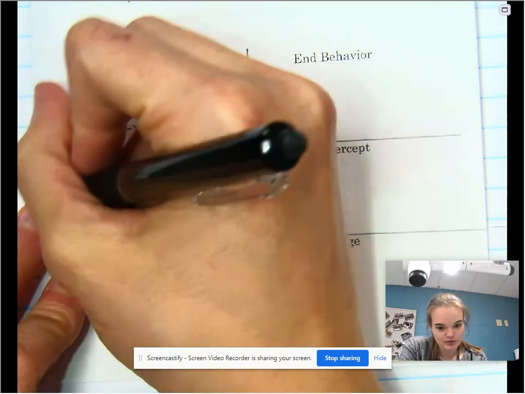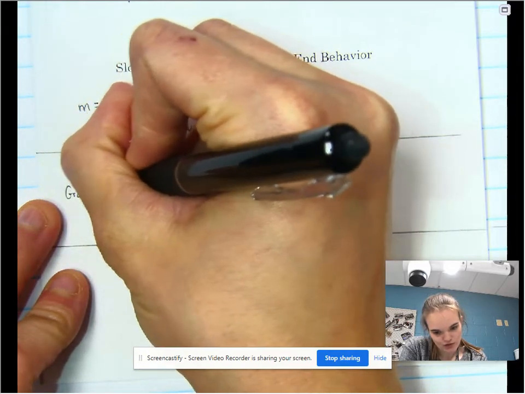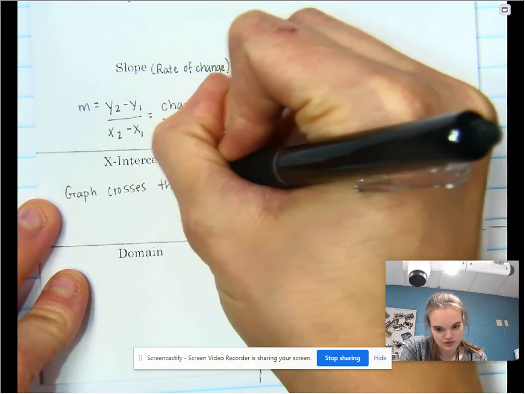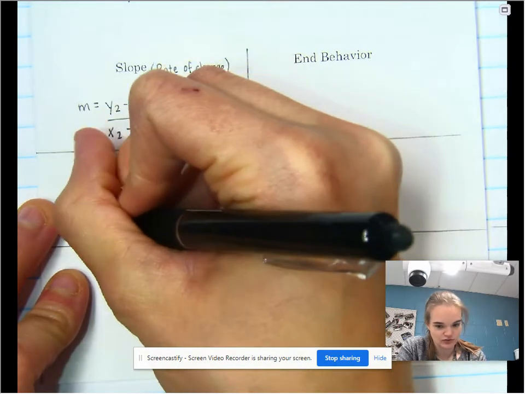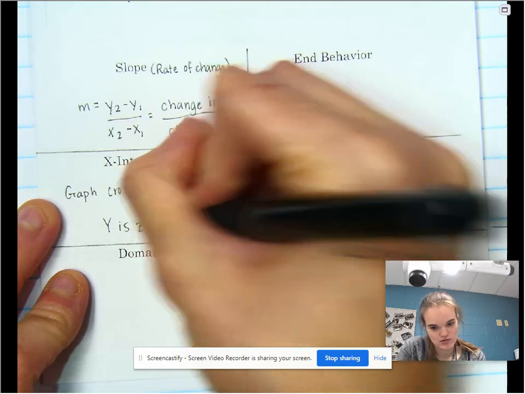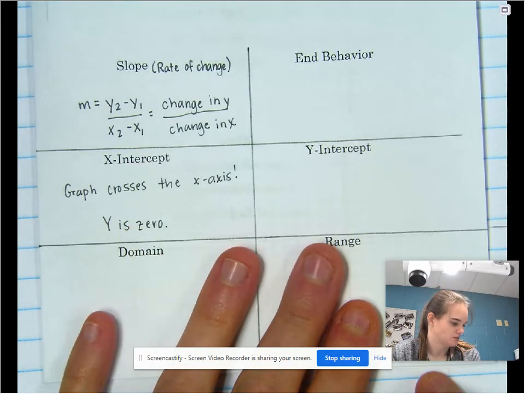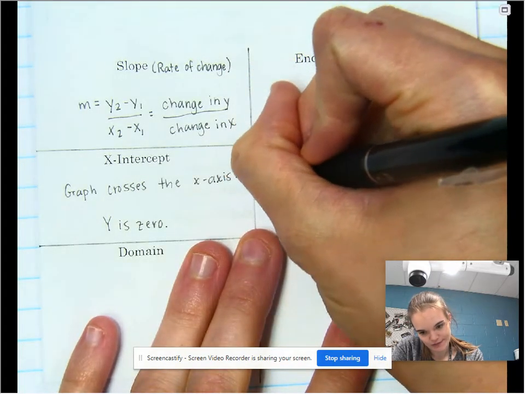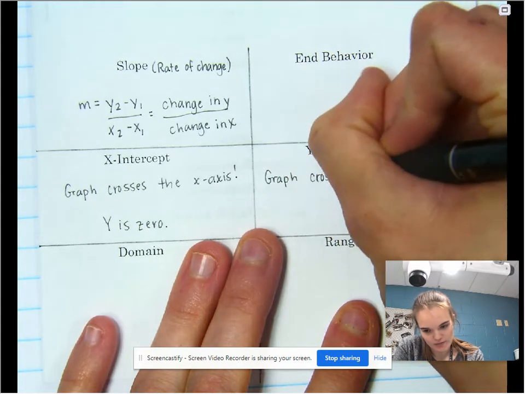X-intercept. An x-intercept is where the graph crosses the x-axis. Wherever the graph crosses the x-axis, the y is 0. We're going to talk about y-intercept. We'll come back to end behavior. The y-intercept is where the graph crosses the y-axis.